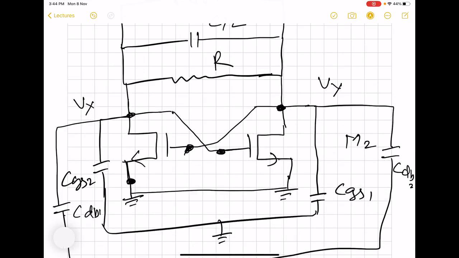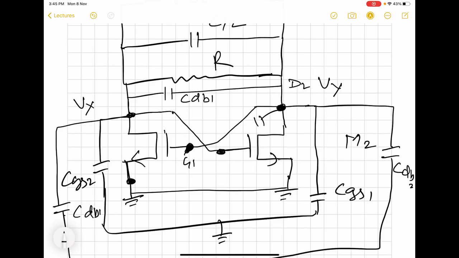So there is going to be a gate to drain capacitor, this capacitor. So here we see that since the gate 1 is connected to drain 2, that means Vy, this capacitor is basically connected like this, in this way. So this is CDB1, which was here. So we can remove this CDB1 from here and retain it like this.